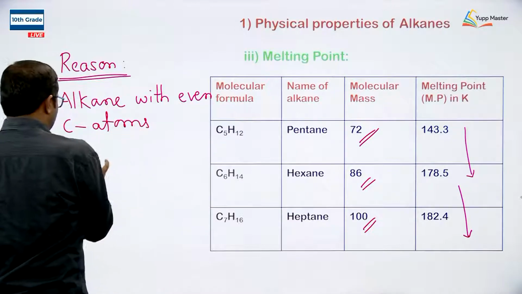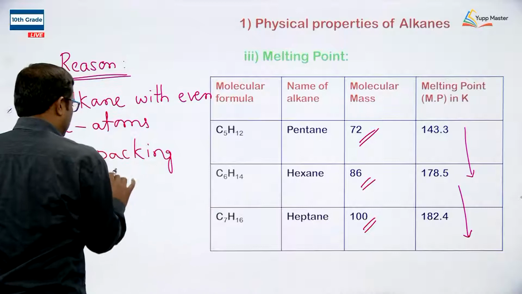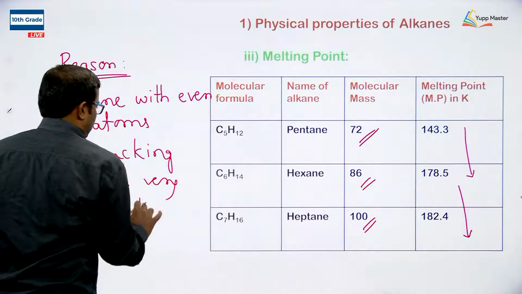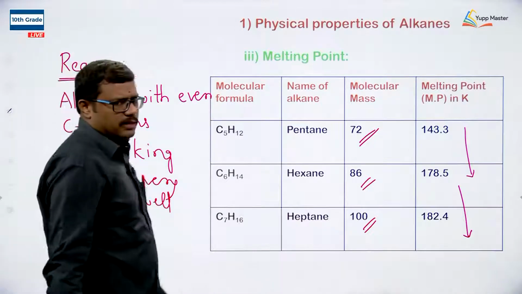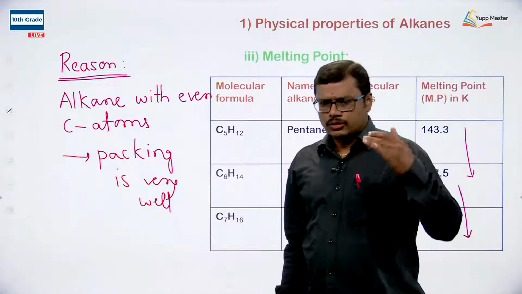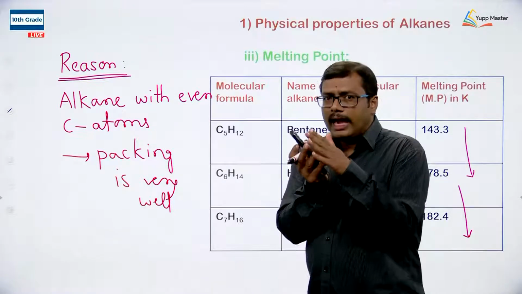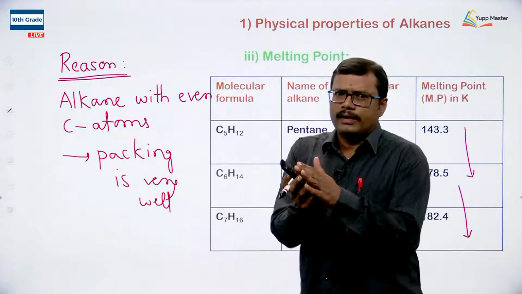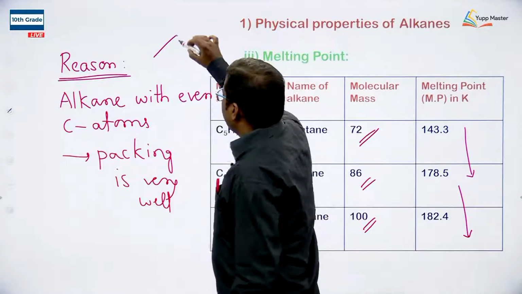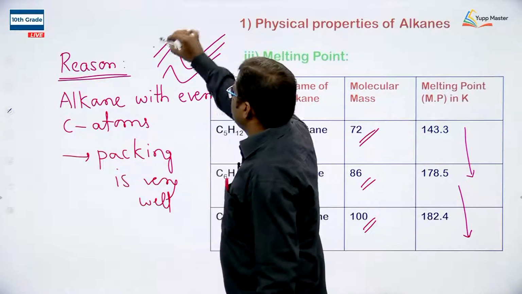So, here if you observe, the packing takes place neatly, packing takes place very well in the case of an alkane having an even number of carbon atoms. So, the packing is efficiently taking place between the molecules.